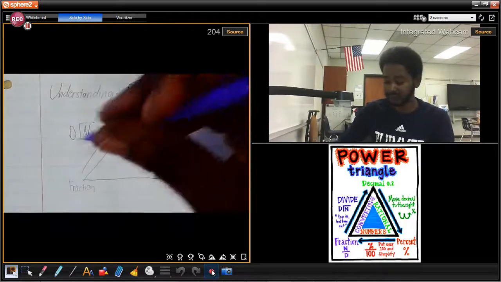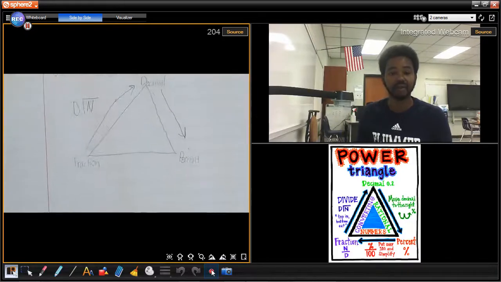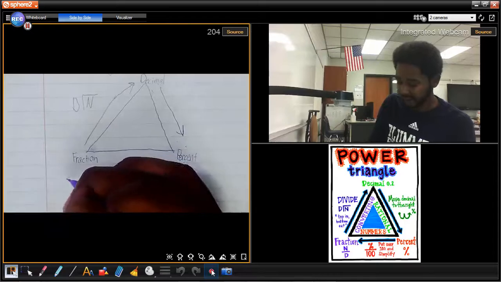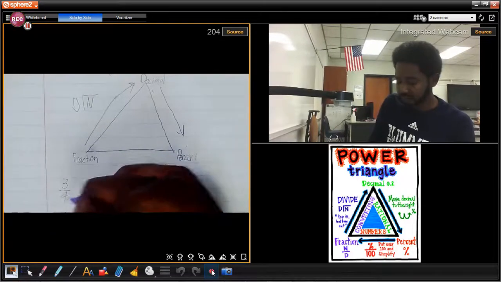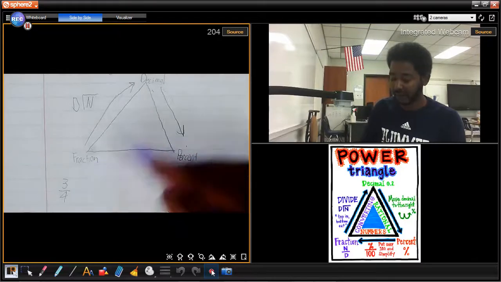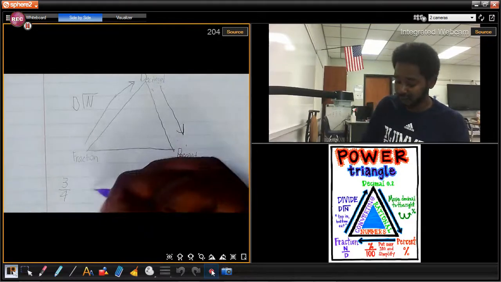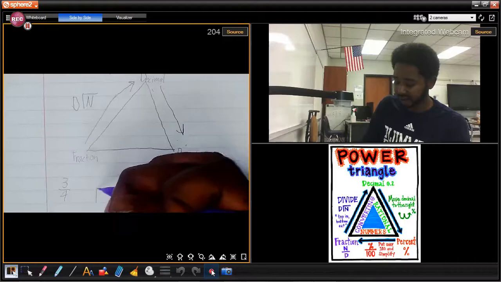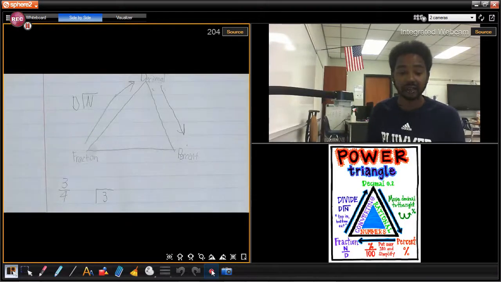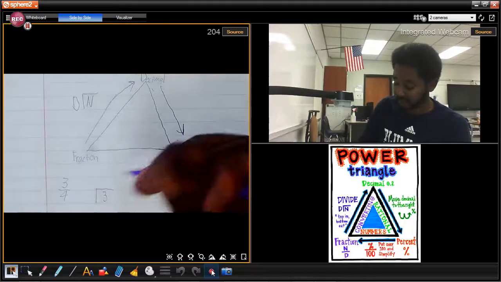For example, if I have 3/4 and I want to divide that, moving from a fraction to a decimal, the numerator is your dividend, and your divisor would be 4.